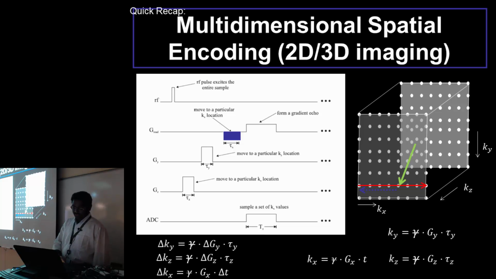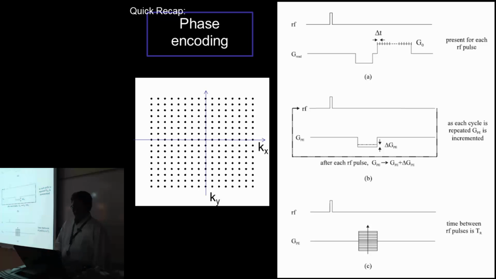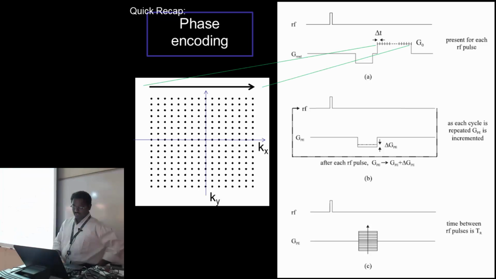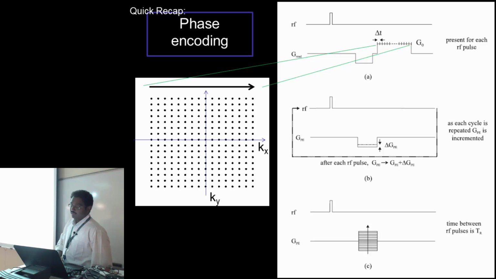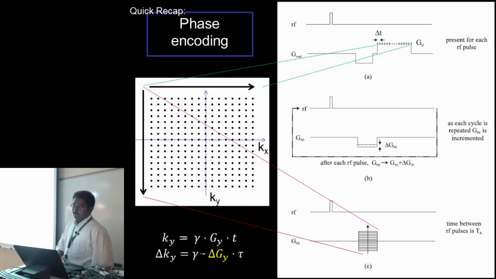So if you see the typical imaging diagram, this is just to differentiate, so we'll come to that. Let's just go over this. So this is your frequency encoding gradient, where the phase is being accrued as a function of time along the time axis, and here you're accruing phase, you're encoding.